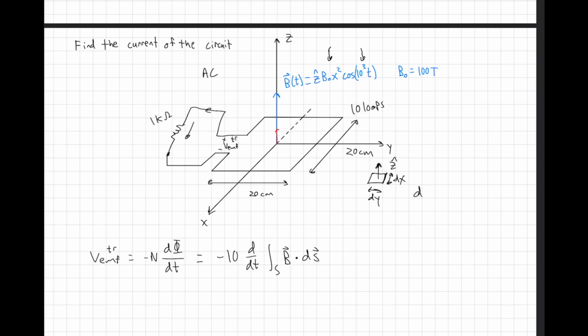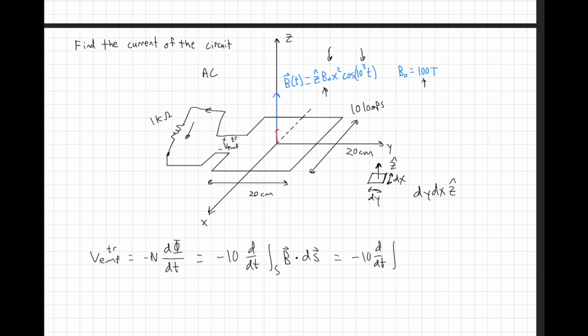So dy dx z hat is going to be dS, and we're given B here. We could plug in 100 there. So we have negative 10 times d over dt, surface integral.